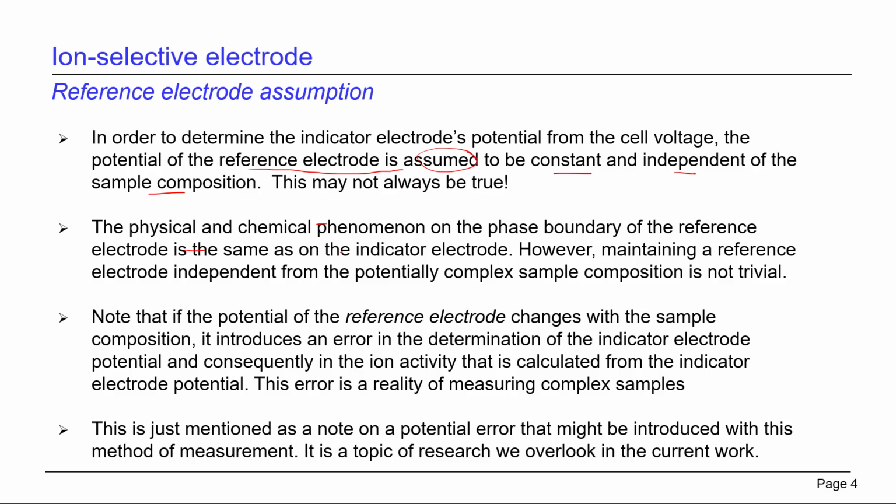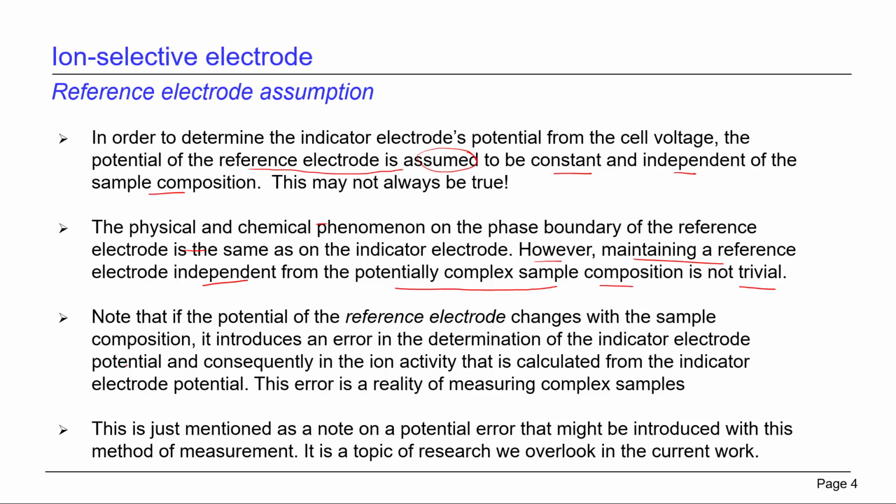The physical and chemical phenomena on the phase boundary of the reference electrode are the same as the indicator electrode. However, maintaining a reference electrode independent from the potentially complex sample composition is not necessarily trivial.